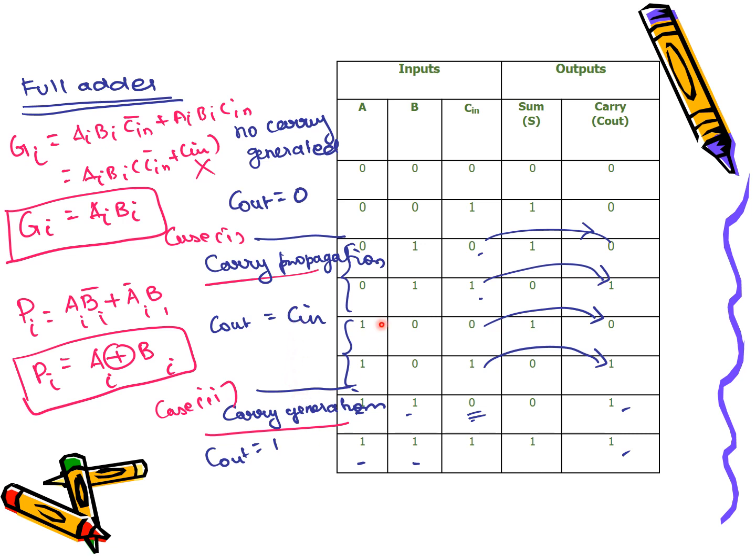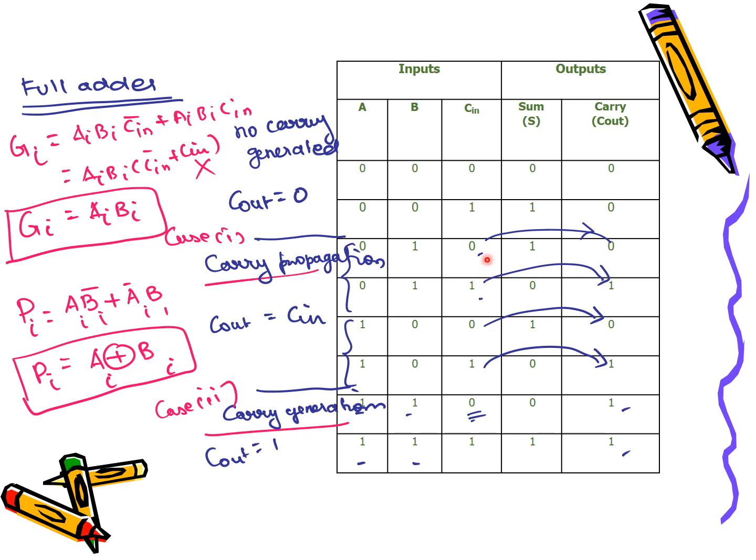So always C is equal to G plus Pi. Either the carry would be generated by those cases, or the carry would be propagated from the previous stage. Look at those 2 expressions. Carry is propagated whenever A is 0 and B is 1, or A is 1 and B is 0. Simply speaking, it looks like A B bar plus A bar B, so we replace it with an XOR gate.